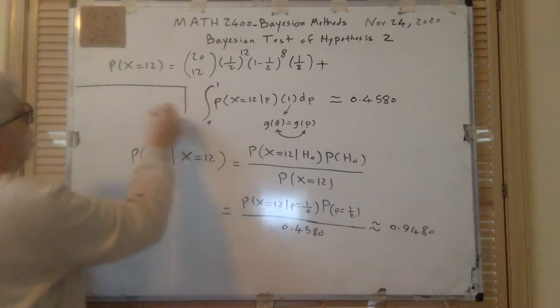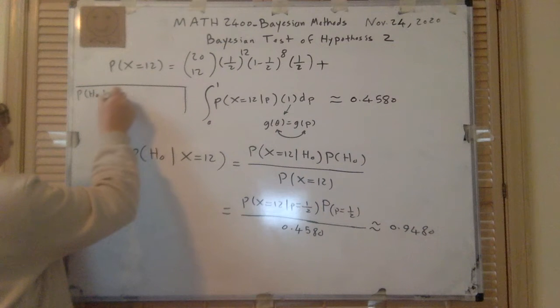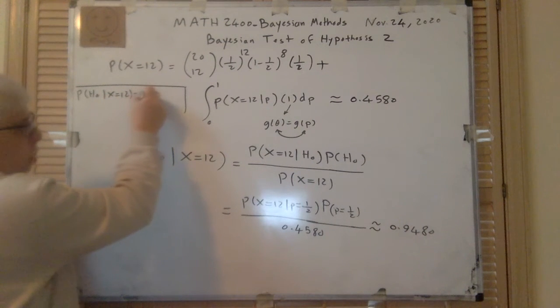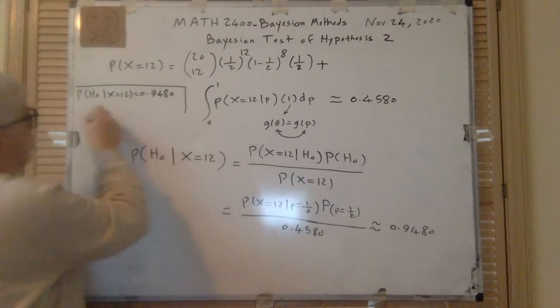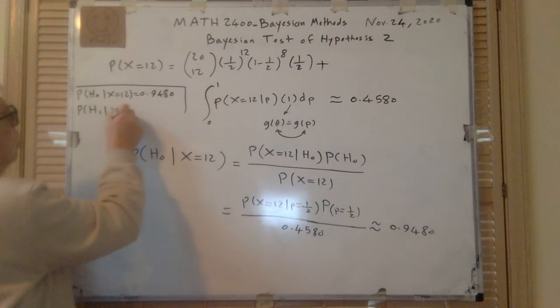Let's make some room here. P of H0 given X is 12 is 0.9480.